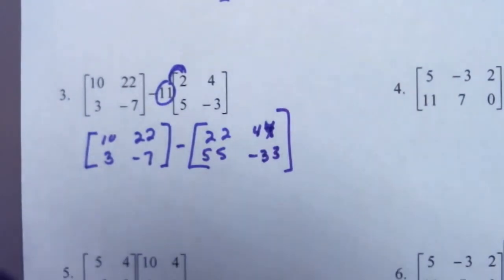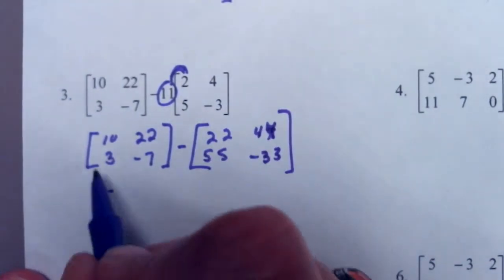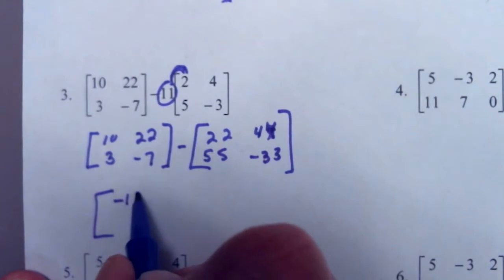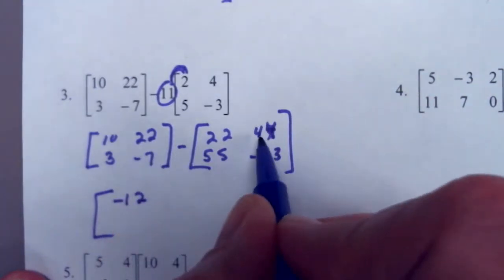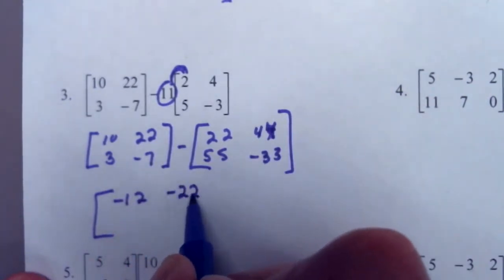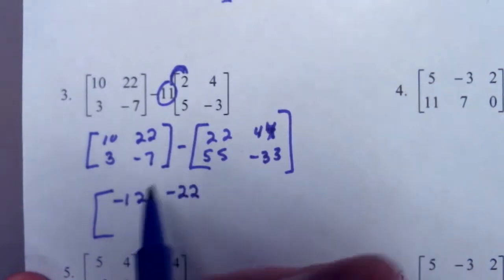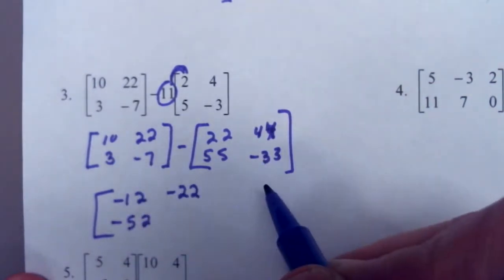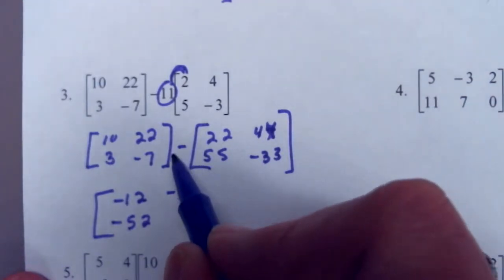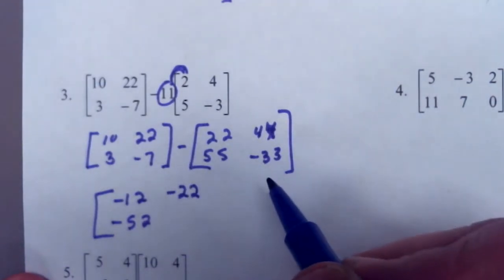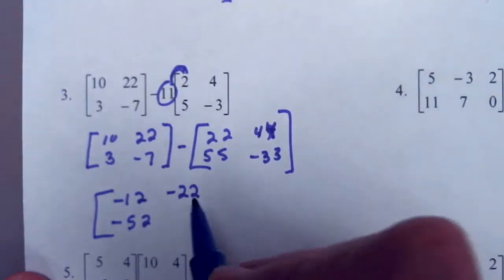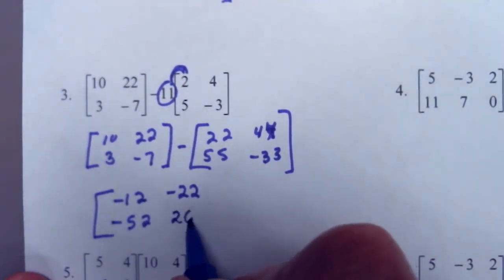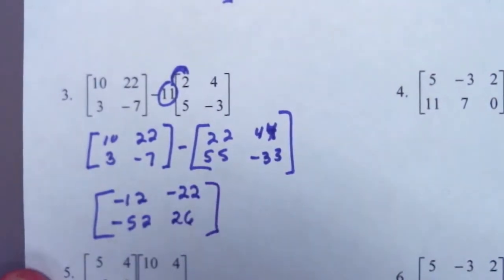All right, last step is just to subtract. 10 minus 22 is negative 12. 22 minus 44 is negative 22. 3 minus 55 is negative 52. And negative 7 minus negative 33. Well, subtracting a negative is like adding a positive, so negative 7 plus 33 is 26. All right, so that's number 3.